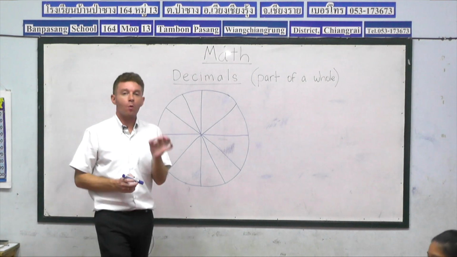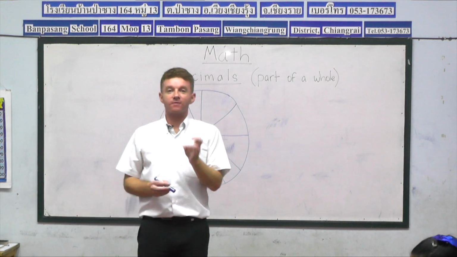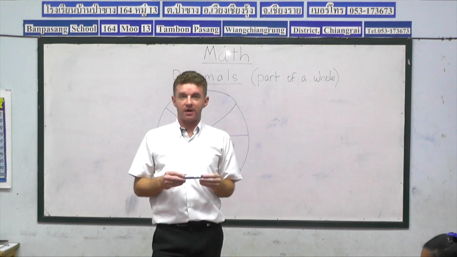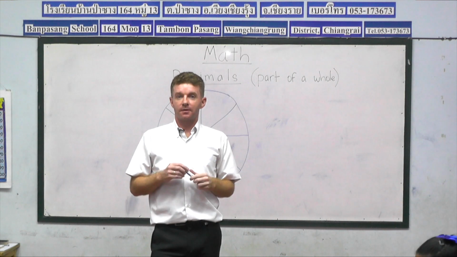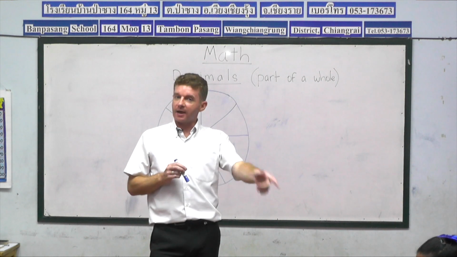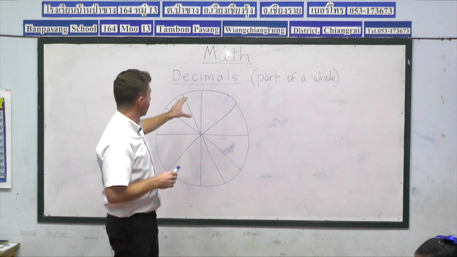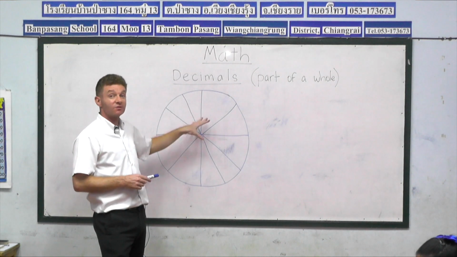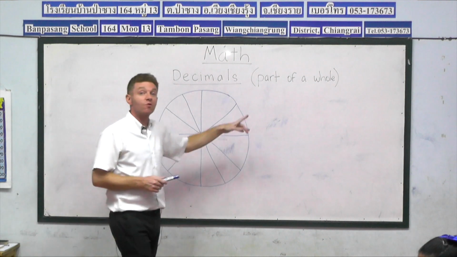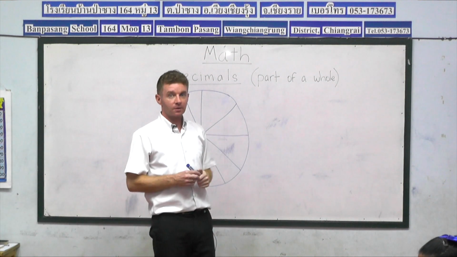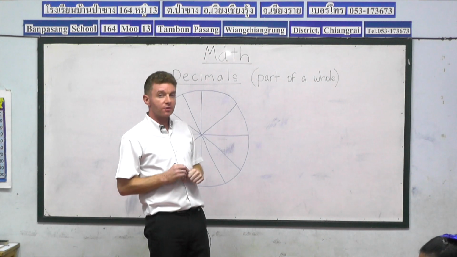Okay, now what we're going to do is I'm going to draw different parts of the circle each time. I'm going to colour them in, and then I'm going to invite a student to come forward and work out how many parts of the circle are coloured and how to write it as a decimal. So first of all, we'll start with a low number.